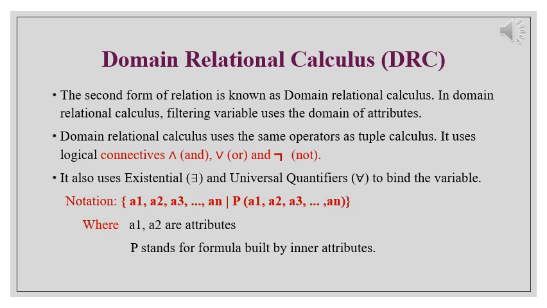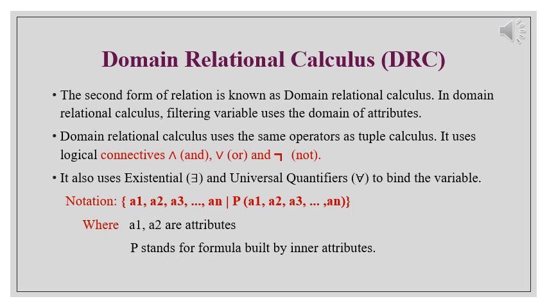It also uses the existential and universal quantifiers to bind the variables, like the notation here: {A1, A2, A3, ..., An | P(A1, A2, ..., An)}.